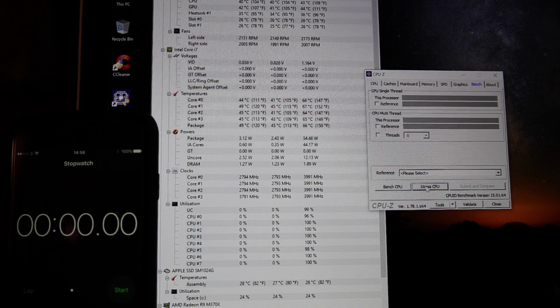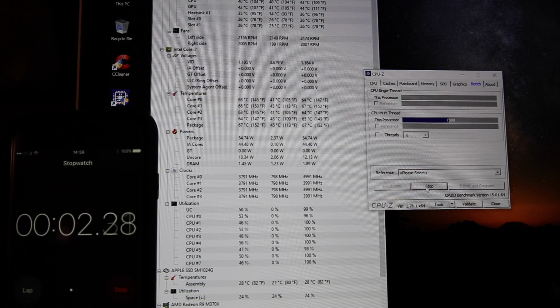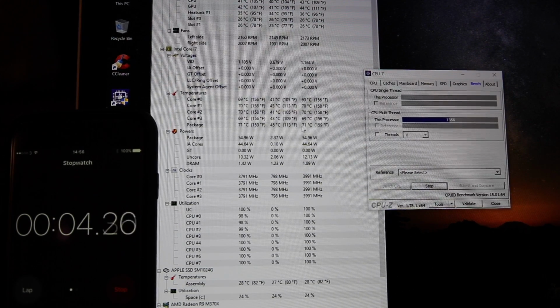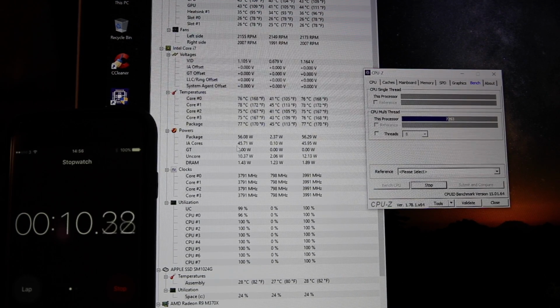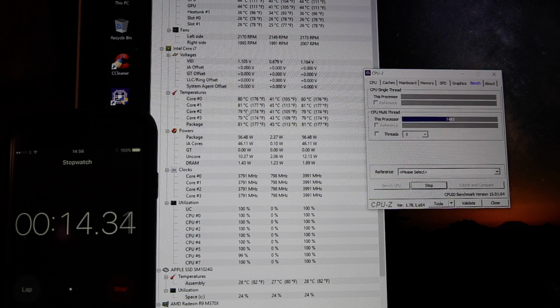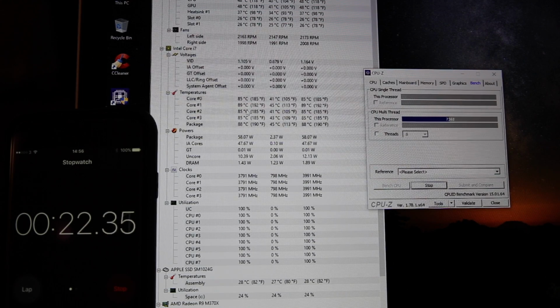Okay, again. So we start. The temperature goes up quickly. Yeah, it's 80. It's already 80. 90.